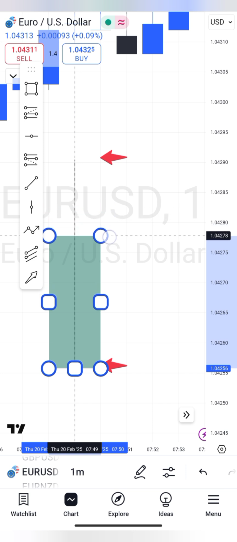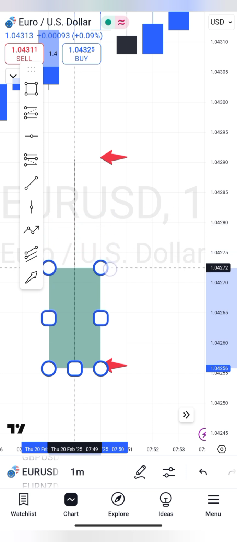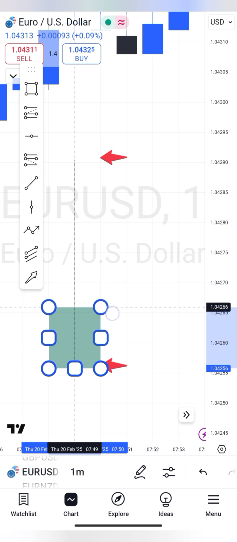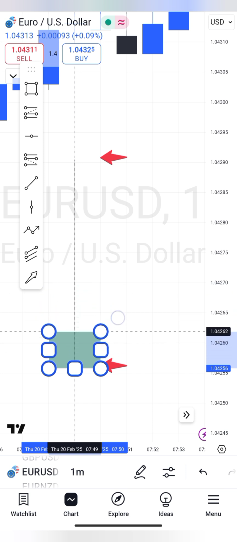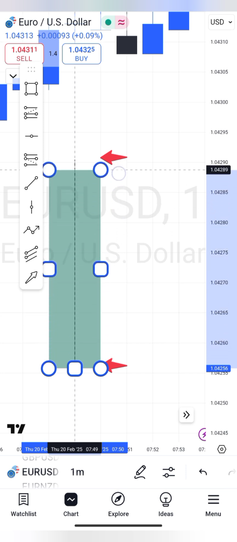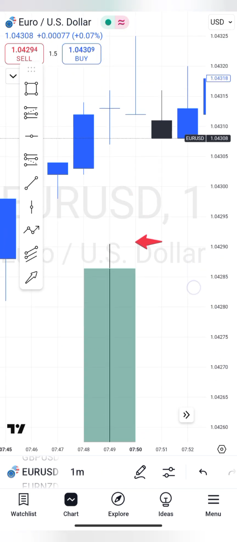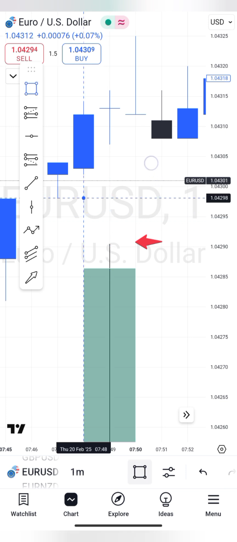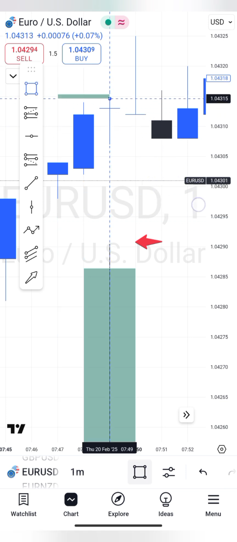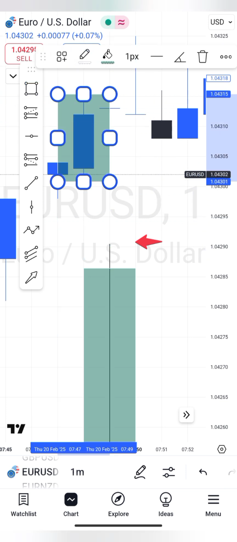The price keeps on dropping. At some point, buyers step in and then the price finally closes somewhere around this. This is how this candle came to be formed.